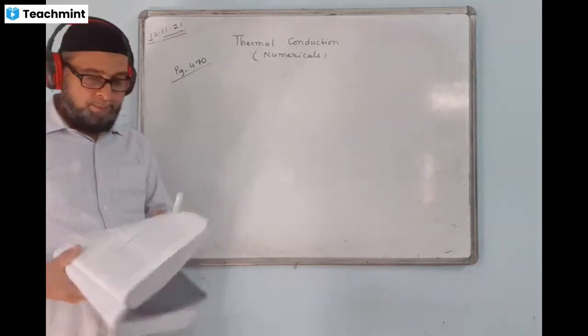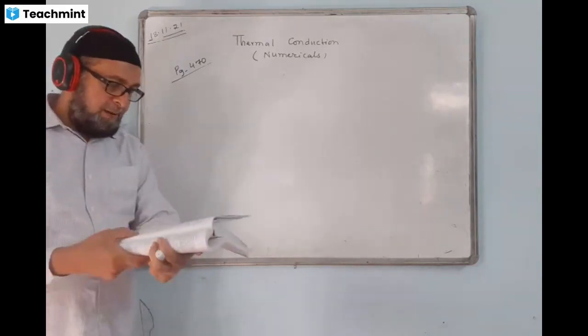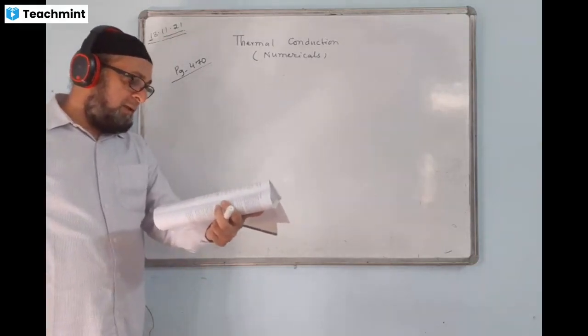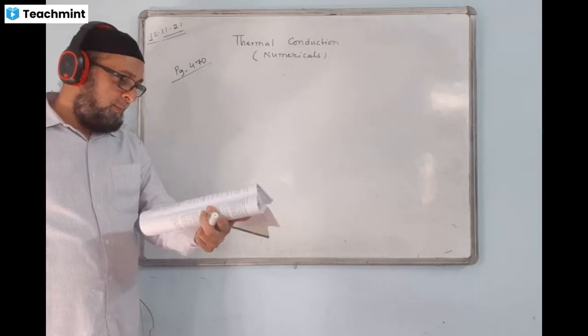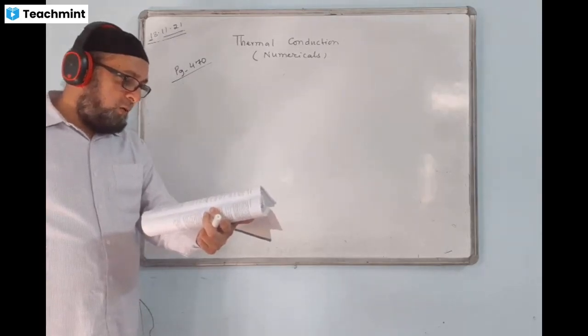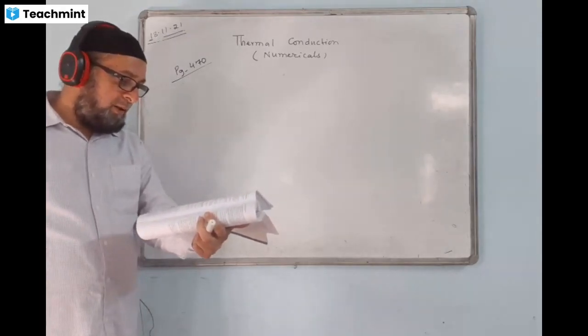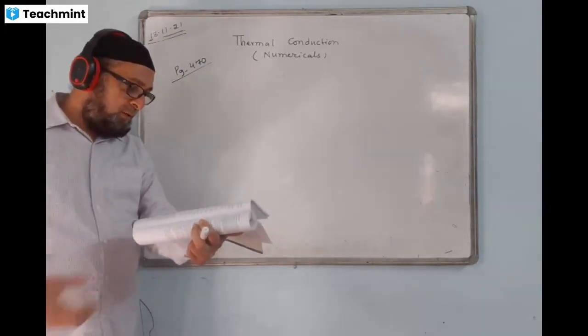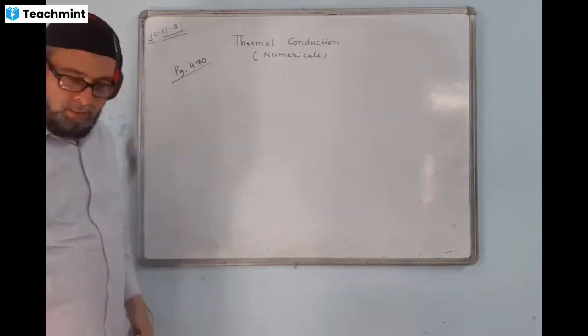Question number 2. Question says that temperature gradient in a rod 0.5 meter long is 80 degrees Celsius per meter. The temperature of the hot end of the rod is 30 degrees Celsius. Determine the temperature of the cold end. Okay.